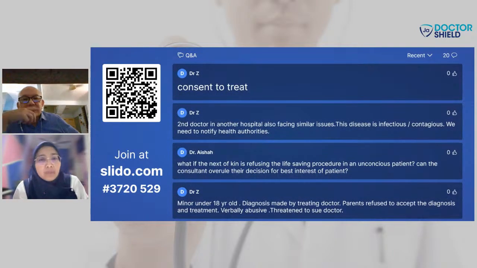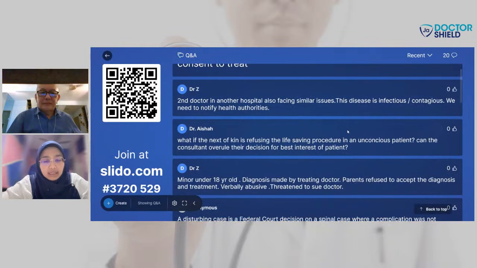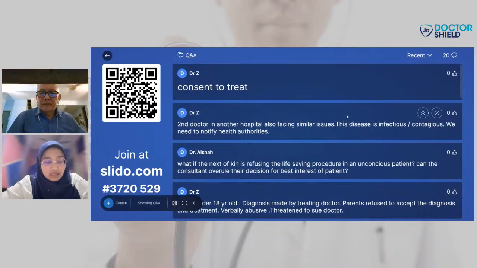At the end of the day, as per what I highlighted, in the event that the patient is below 18, the best person to give consent is actually the parents. And in the event that the parents decided to refuse consent for whatever reason, first of all, we must determine what is the reason. And there must be a clear notation in the medical record on the basis of the refusal.